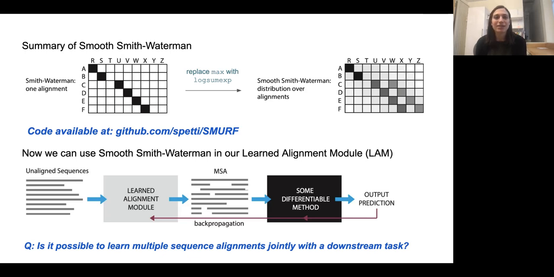This isn't clear to us a priori, because typically alignment is done using the BLOSUM matrix, which contains a ton of information about which amino acids are likely to substitute for which other amino acids. We're not using any of that. We're just saying, if you input unaligned sequences and your goal is some downstream method, is that a strong enough source of information for a neural network to figure out what's an appropriate alignment?